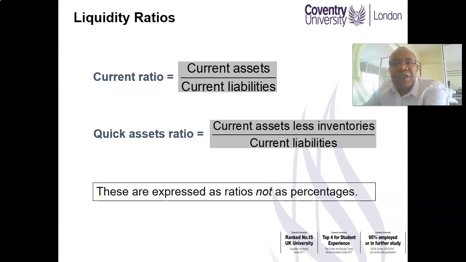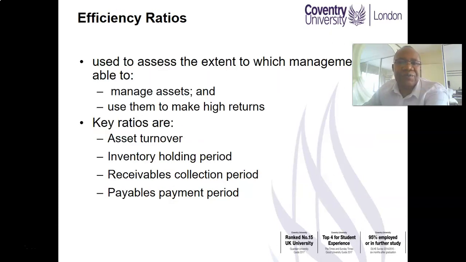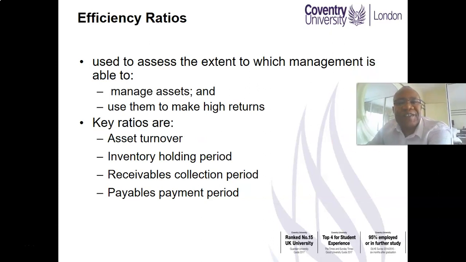So far, we have looked at two categories of ratios, which are the profitability ratios and now the liquidity ratios. Let us now look into the efficiency ratios. The efficiency ratios are used to assess the extent to which management is able to manage the assets and to use them to make high returns.